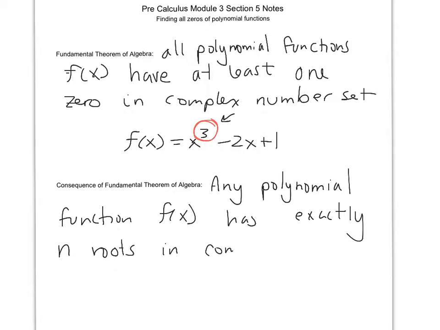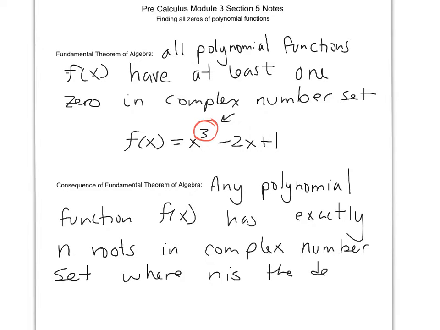So complex number just means it could be real, it could be complex with an i, any of those are possible. So this polynomial example I gave you above, x to the third minus 2x plus 1, there are exactly 3 roots of this in the complex number set.